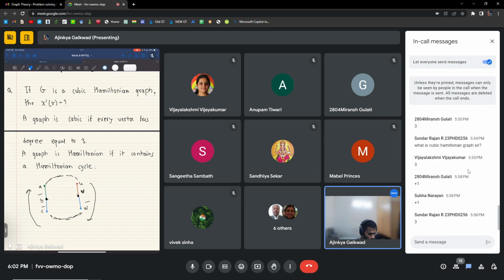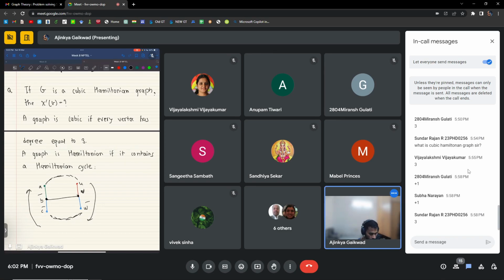Now the question is, every vertex has 3 degrees. So clearly B has two neighbors A and C. So there is one more neighbor B must have. So let's say B is adjacent to the vertex V. Now the problem is that for the edge BV, you cannot use any of these 3 colors, right?